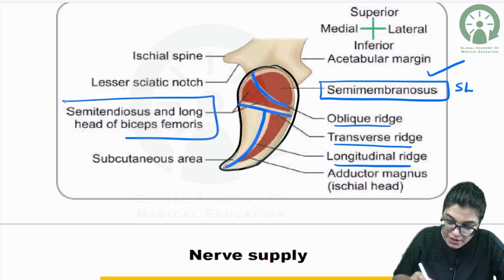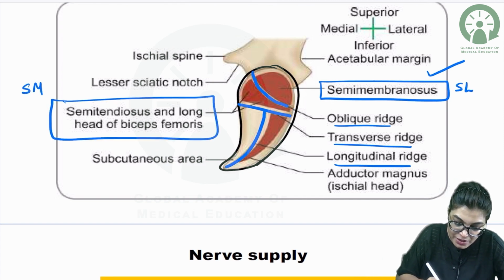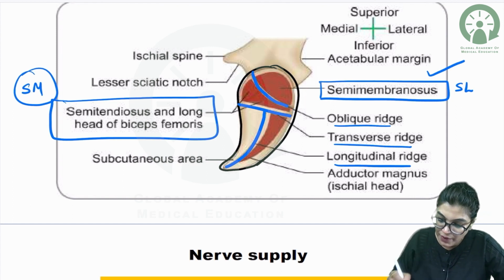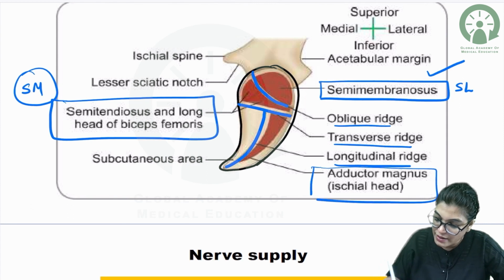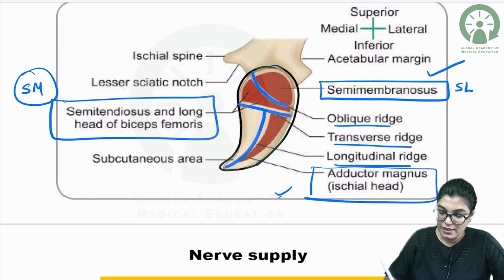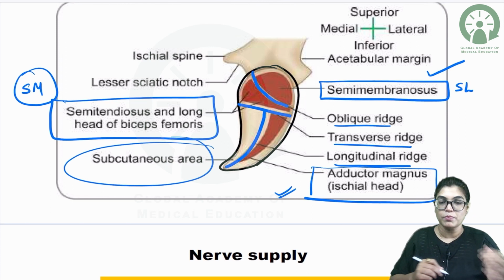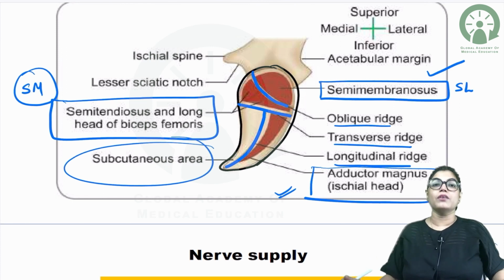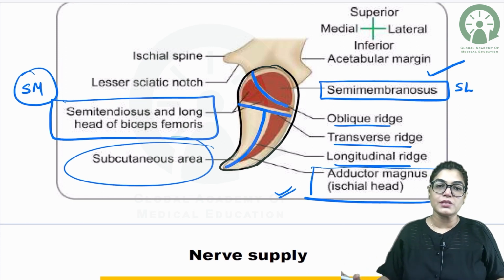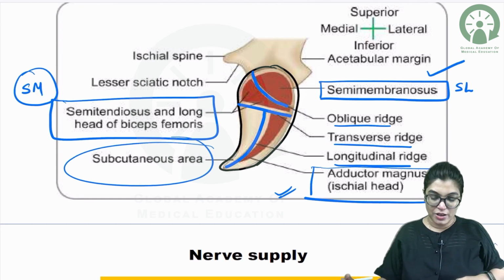The supromedial part gives origin to 2 muscles, semitendinosus and the long head of biceps. The lateral lower part gives origin to adductor magnus, and the medial most part lower down of the ischial tuberosity has no muscle attachment.